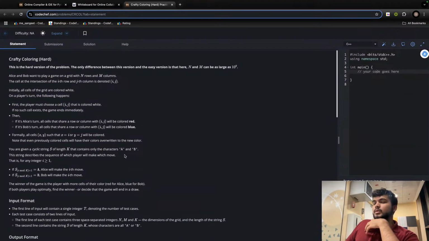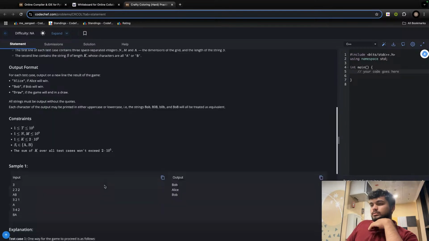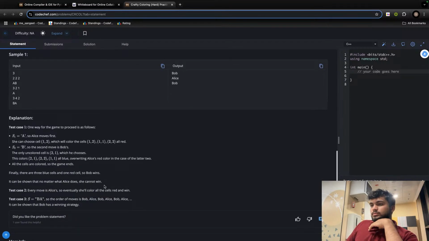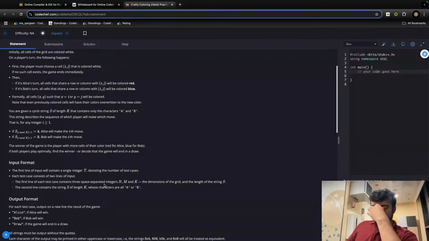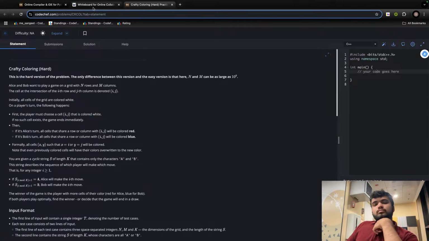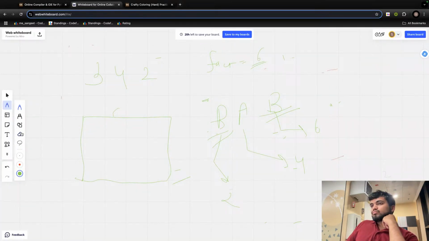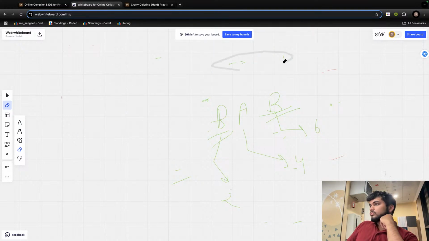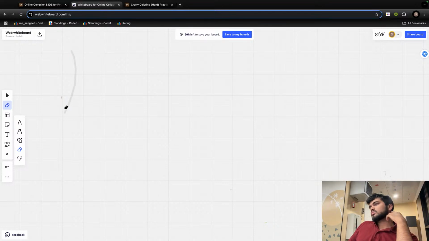Crafty coloring harder version. We know that we have made some observation, and we know that it doesn't really matter in what order cells are selected.